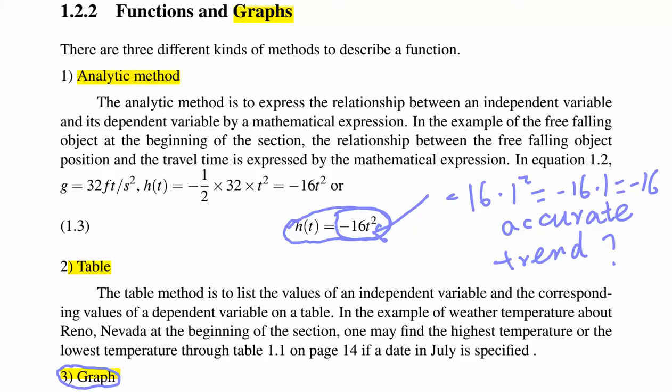Okay. The second way is by using the table. Previously, we have seen the example about the temperature in Reno, Nevada. Recall the previous lecture.